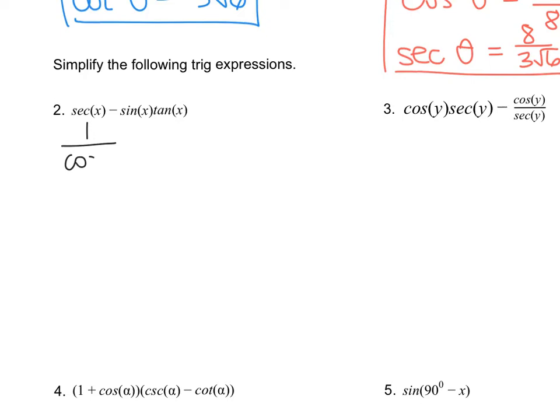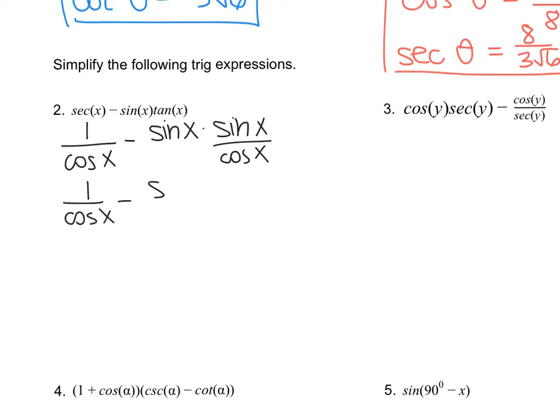So we get 1 over cosine x minus sine of x times sine of x over cosine of x. Multiplying the sine of x times sine of x over cosine of x, we get 1 over cosine x minus sine squared over cosine. Our two fractions have the same denominator, which means we can rewrite it as a single fraction.